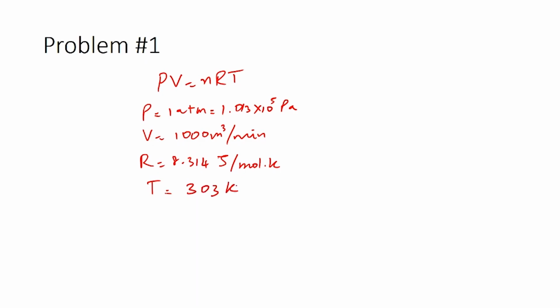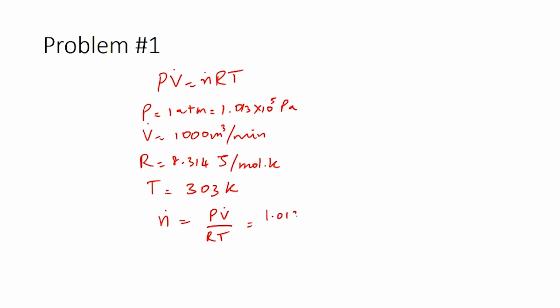So this is the condition of air which is entering into the solar heater. We can calculate n. So here it will be n dot because it is molar flow rate. n dot would be equal to PV divided by RT. So we have V dot, so it will be P V dot equals n dot RT. So we are calculating n dot as P V dot divided by RT.